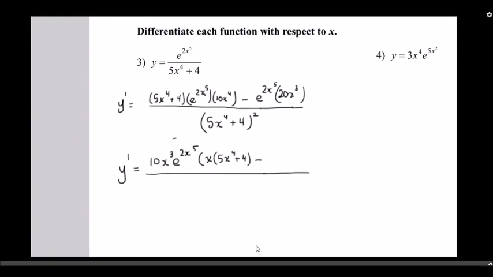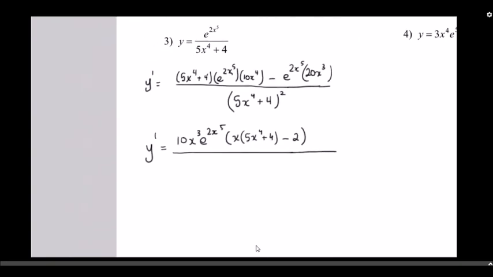Now, when this term here is factored out of this side, looks like we're going to have just a 2. And then we have the denominator, 5x to the fourth plus 4 squared.